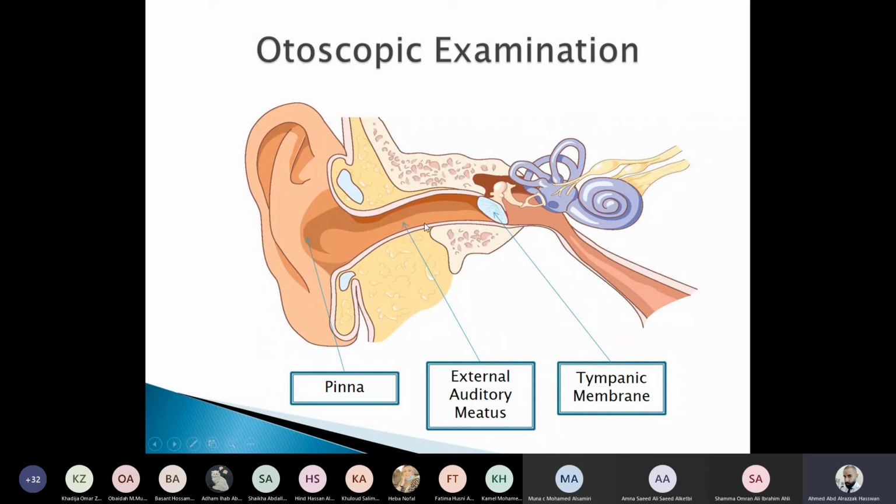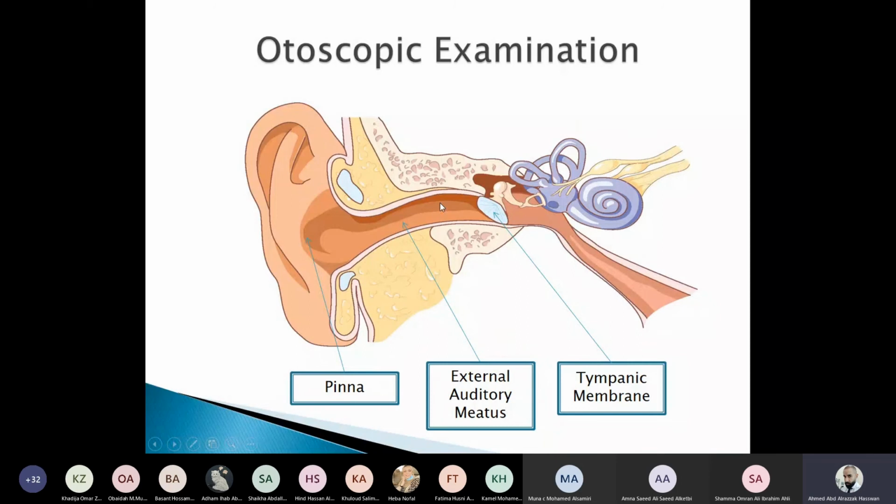The more wax is coming and migrating to the outside, we're pushing it inside. Then we create just like a plug. The treatment is very simple. Sometimes you can just go to the pharmacy, get ear drops, and it will dissolve the wax. Or if you want a faster solution, you can just go to the ENT doctor, and then they will directly remove it.